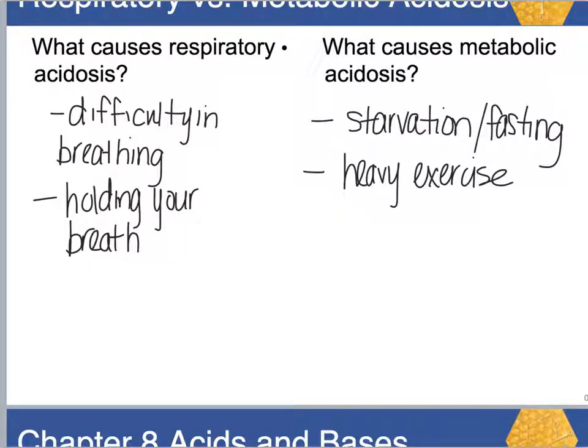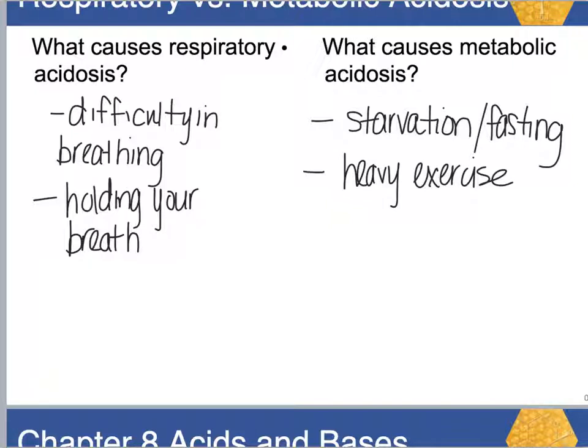And the other question is, what causes metabolic acidosis? There's two things: either somebody that's starving or fasting for dietary reasons, and or heavy exercise. So when you're not putting enough calories in, your body is going to burn its own fat. And the products of burning your own fat are acidic compounds that are now in the bloodstream.